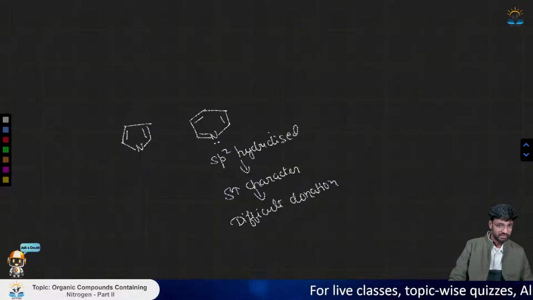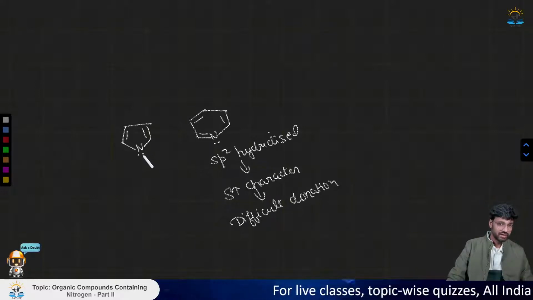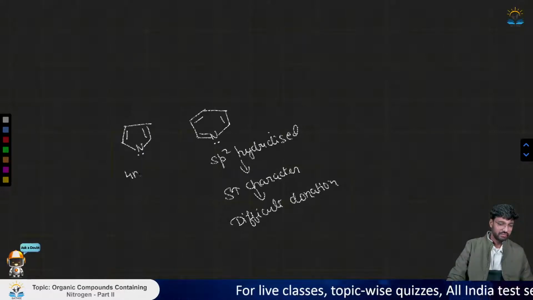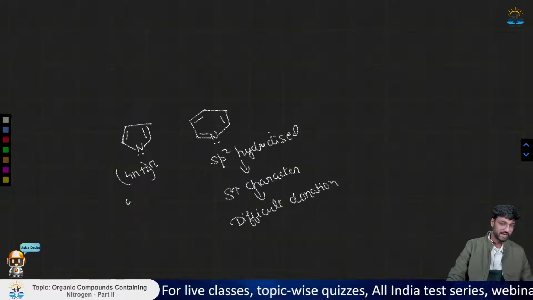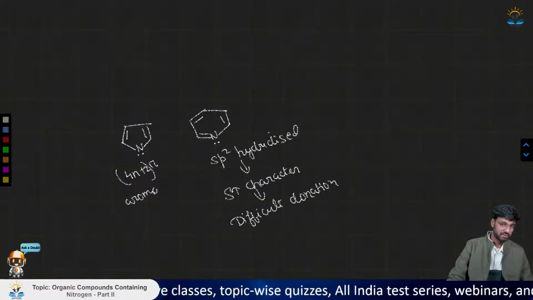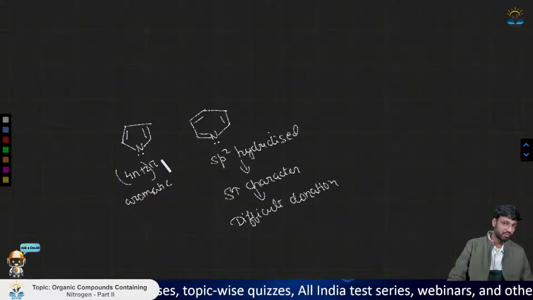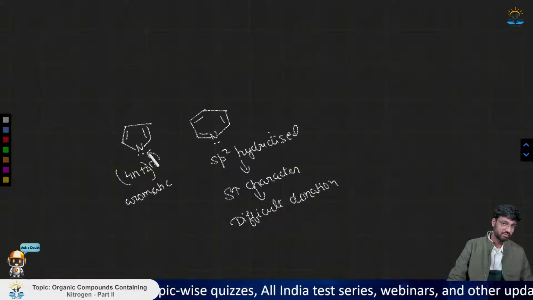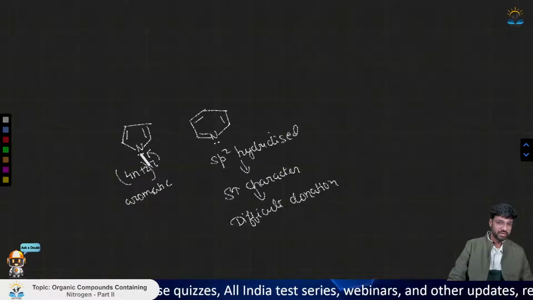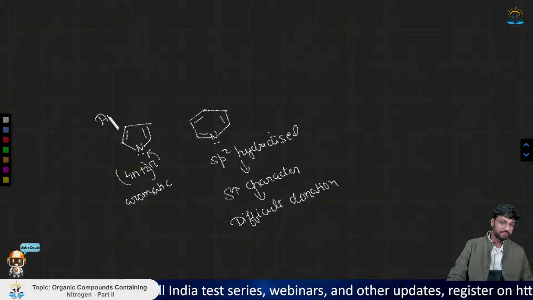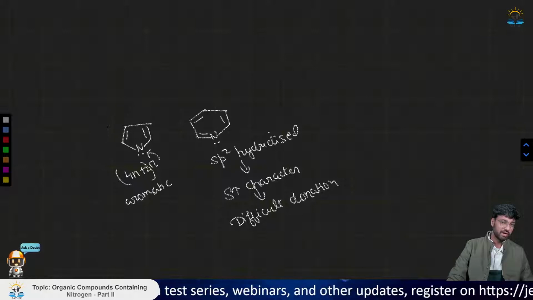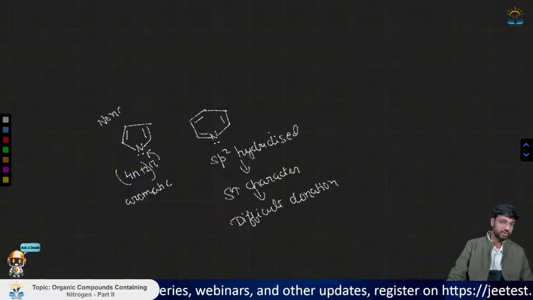Now, if you compare this one, you can see that this is a 4n plus 2 pi system, which is aromatic in nature. And this 4n plus 2 pi system also includes this lone pair, because if you exclude this one, it will be anti-aromatic, or sorry, non-aromatic, because it will have no conjugation.